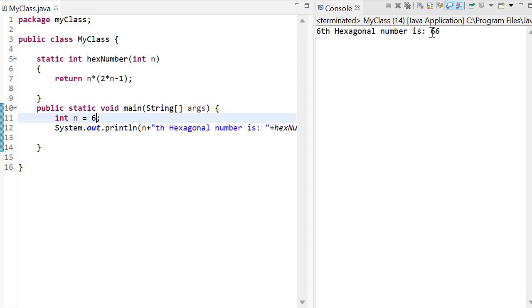So this 66 is the number of dots which will be arranged in the shape of that particular image. Hope you guys understand the concept. Thank you very much.